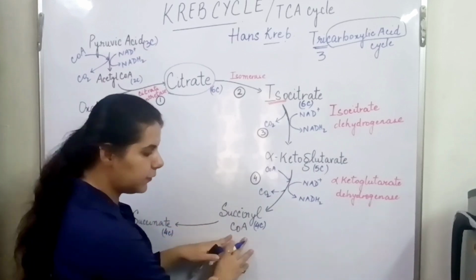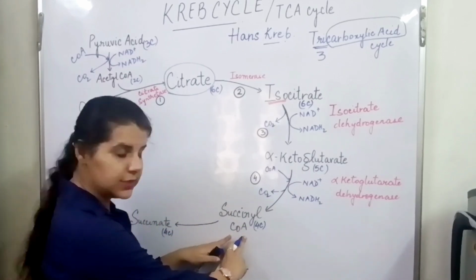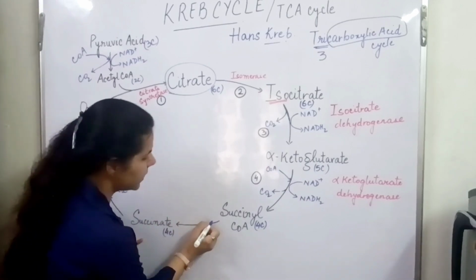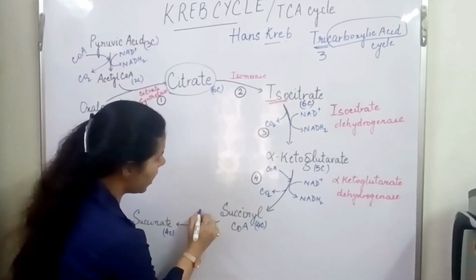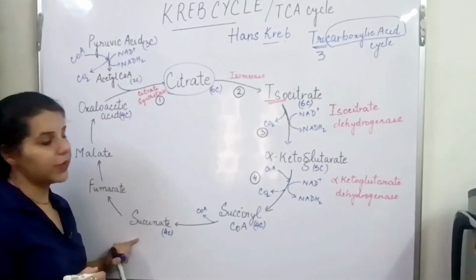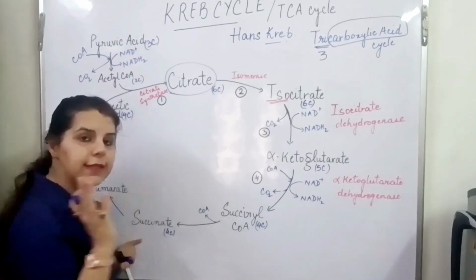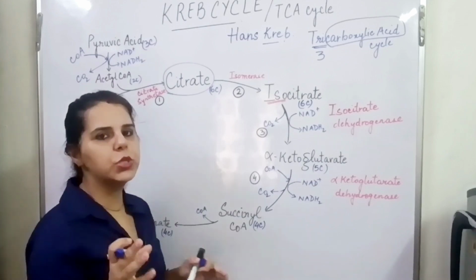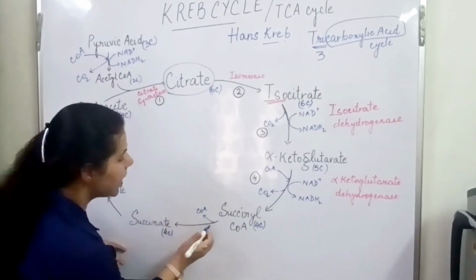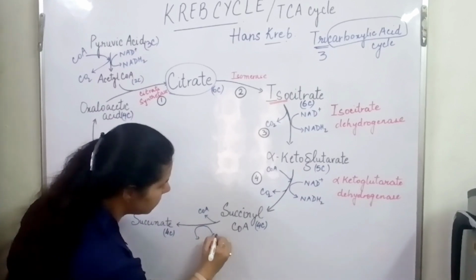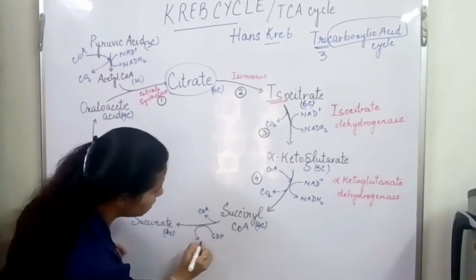Then here we can see that coenzyme A is present. Here no coenzyme A is present. So this suggests that it will now release this coenzyme A molecule, right? But in this step, what happens is a certain amount of energy is released, and how it is depicted, let us see. 1 GDP gets converted to GTP.